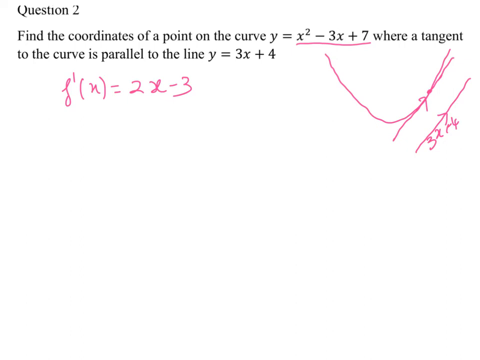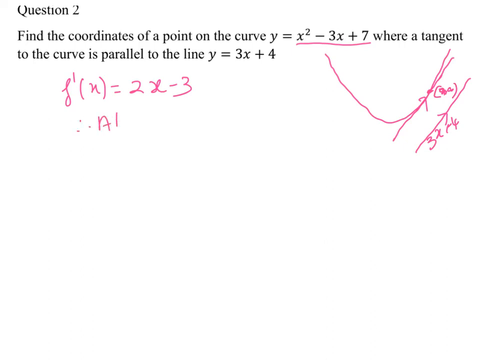We do not know the point of intersection. It is some point x and y, so we have to find the point here. That gradient is 3.